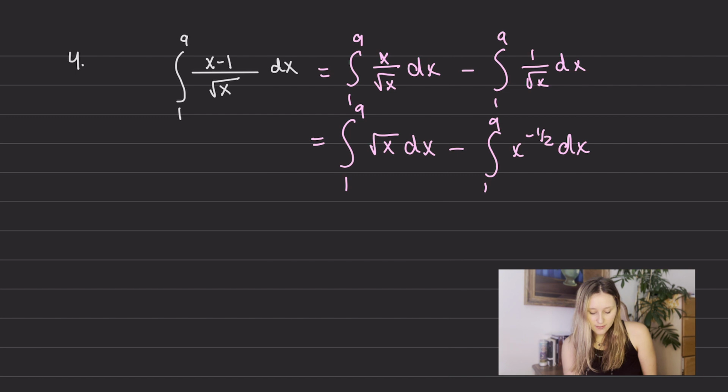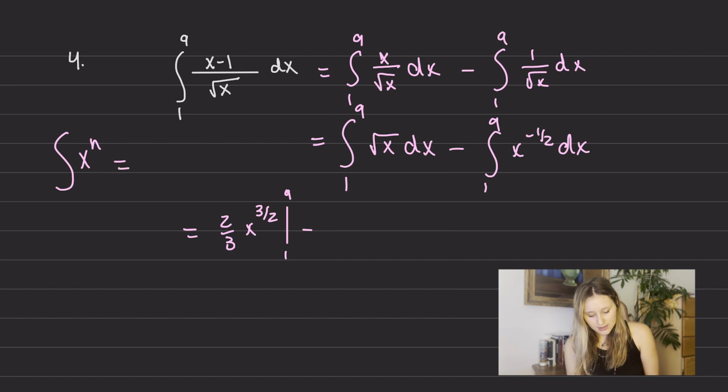Okay, let's evaluate this. So we get 2/3 x to the 3/2 there, by the classic definition of integrals, which honestly I should write this down. We have x to the n.